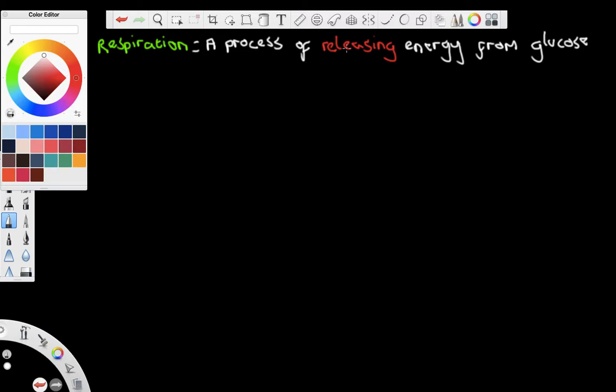Now, when you're exercising, your breathing rate increases to take in more oxygen and to get rid of carbon dioxide. So we can say that when exercising, our breathing rate, and what we mean by breathing rate is how many times you breathe in and out in a minute.